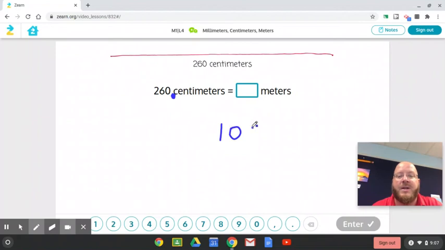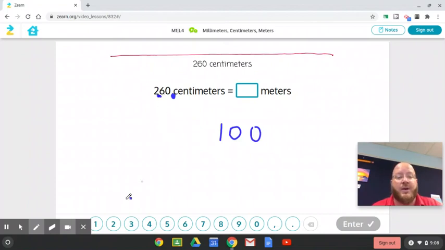So division means my number is getting smaller. If my number is getting smaller, my decimal point is going to go this way because I'm going to go from 260 to 26 to 2.6, right? That's getting smaller. How many places am I going to move my decimal to the left? Because I'm dividing here. I want it in groups of 100, 1, 2 places. So that means 1, 2 places. It's going to go right there now, okay?